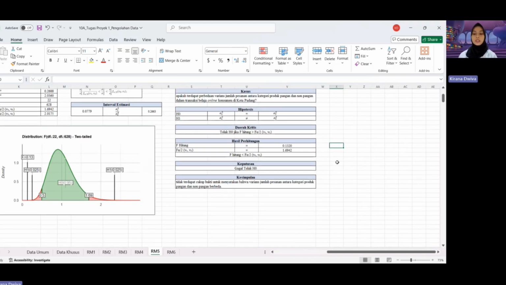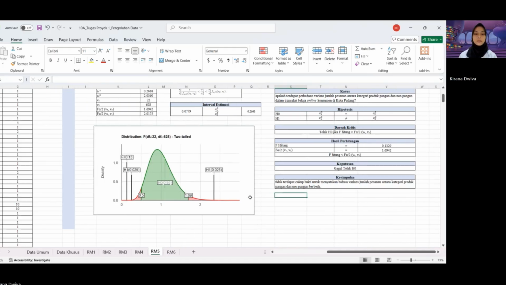So the decision is accept H0. With the conclusion that there is not enough evidence to prove that the variance of the number of orders between the food and non-food product categories is different.